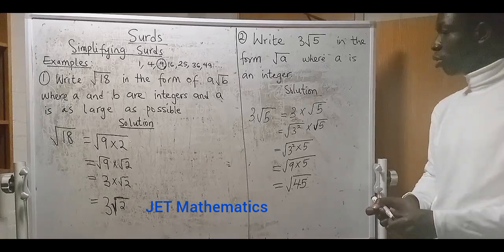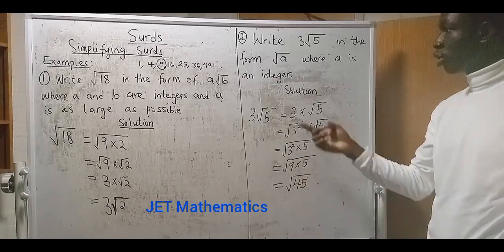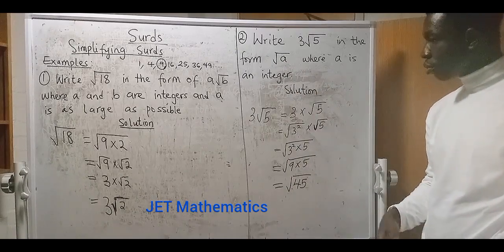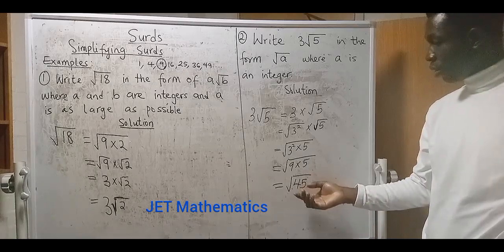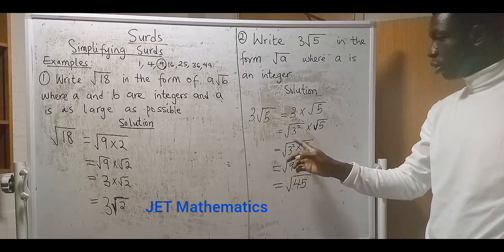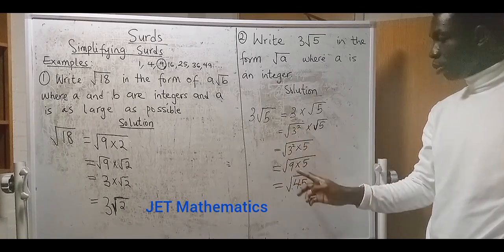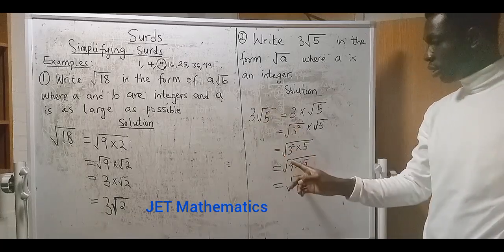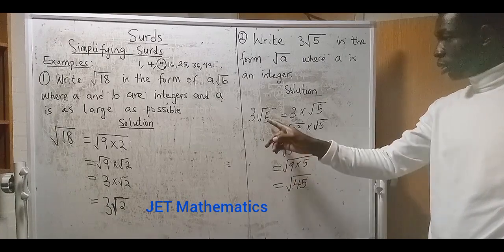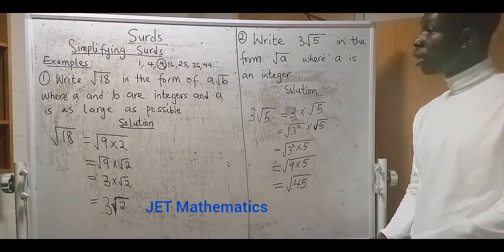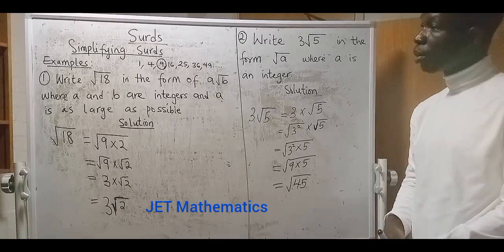So we've been able to write this in just one number in the root. Very easy. Simply square this, bring it into the square root with 5, multiply, and you get this. That is a very fast way. Square this, then multiply it with 5, then you get this. So these are simple examples.